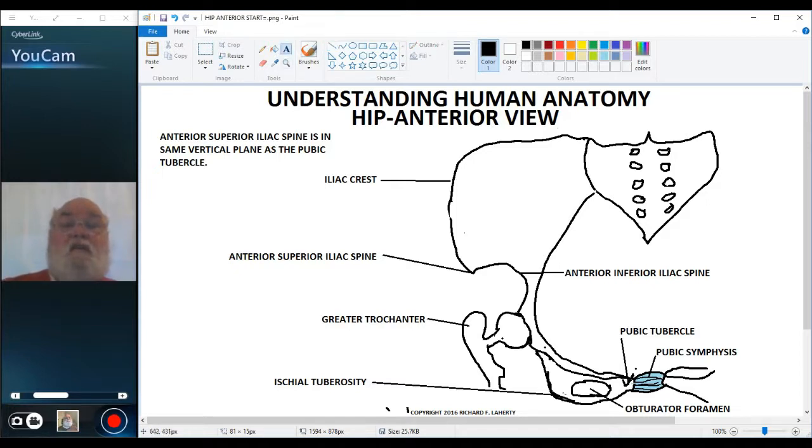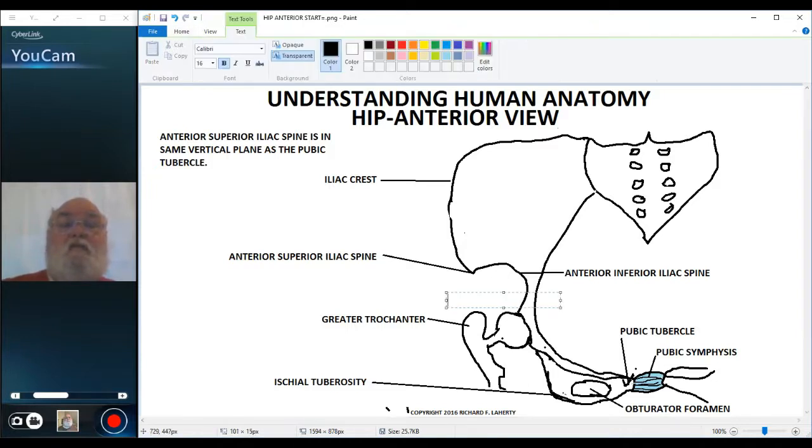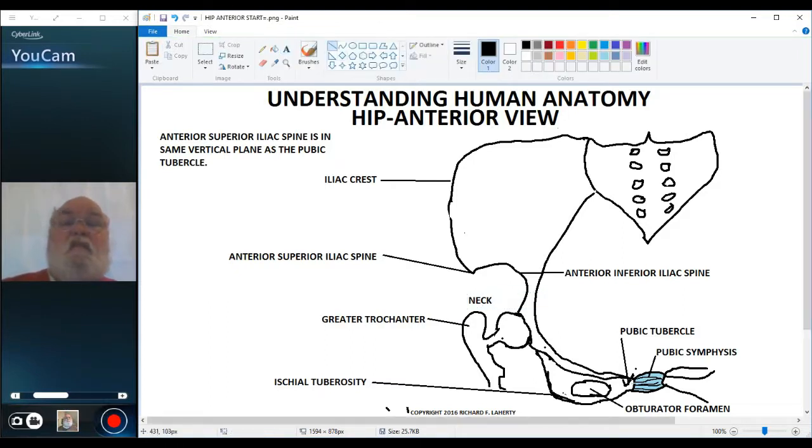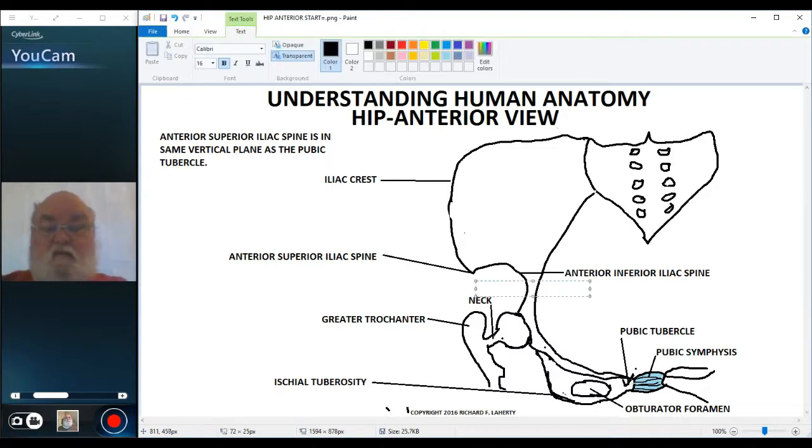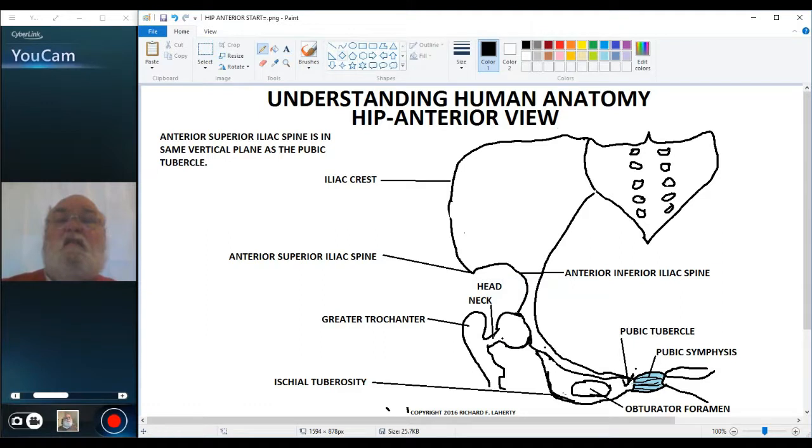The neck of the femur, the head of the femur, there.